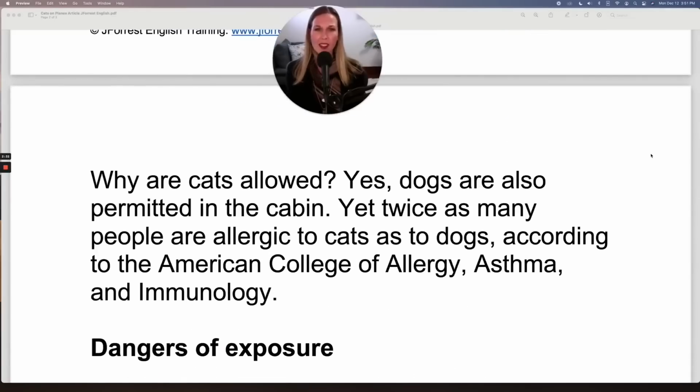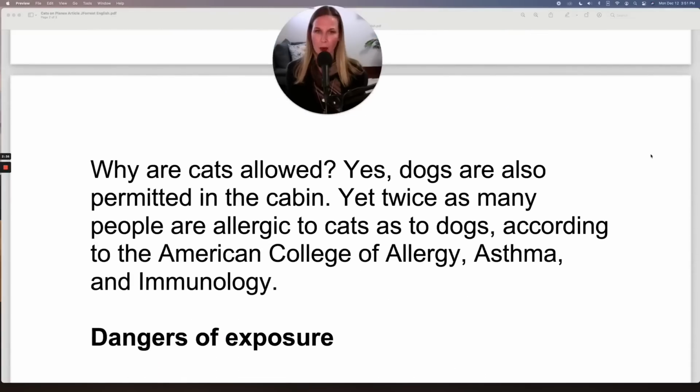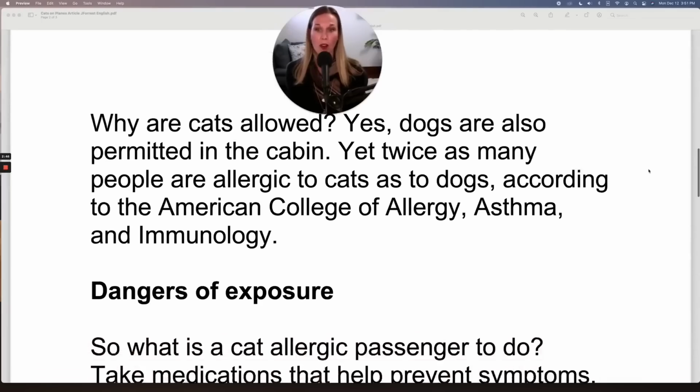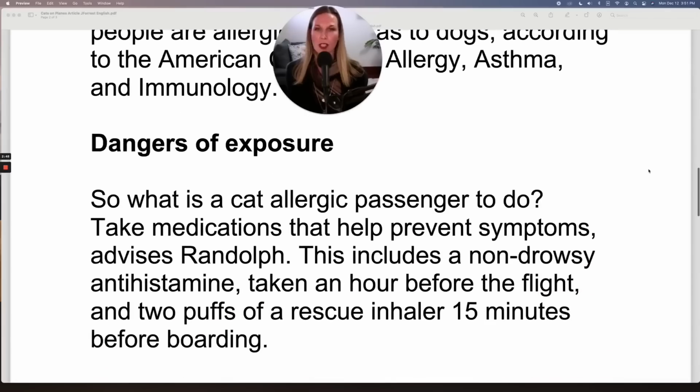Why are cats allowed? Yes, dogs are also permitted in the cabin, yet twice as many people are allergic to cats as to dogs, according to the American College of Allergy, Asthma, and Immunology. Dangers of exposure. So what is a cat allergic passenger to do?